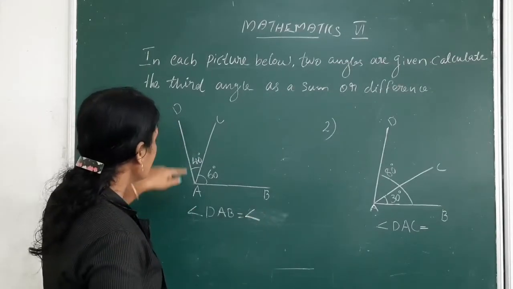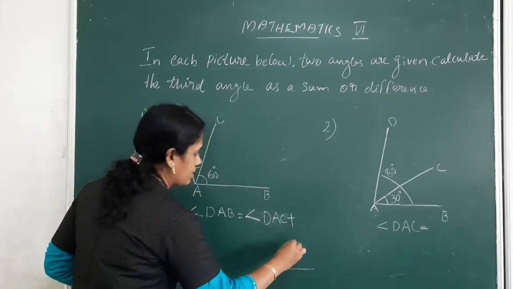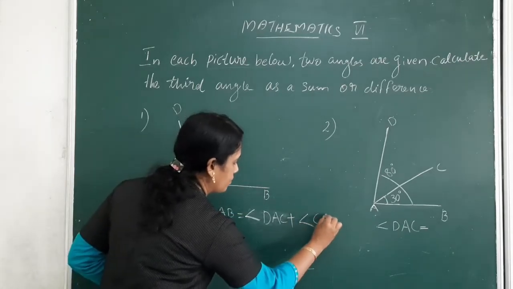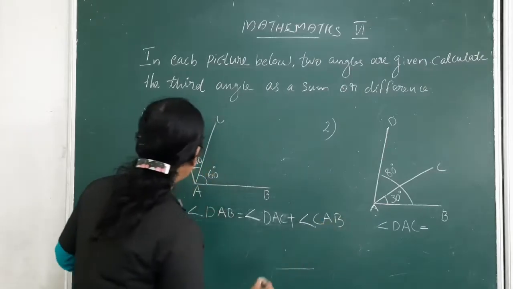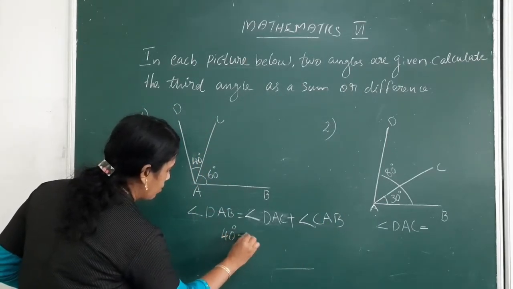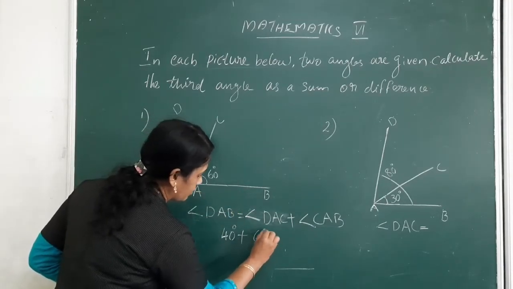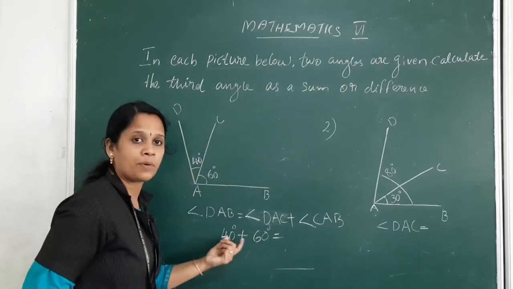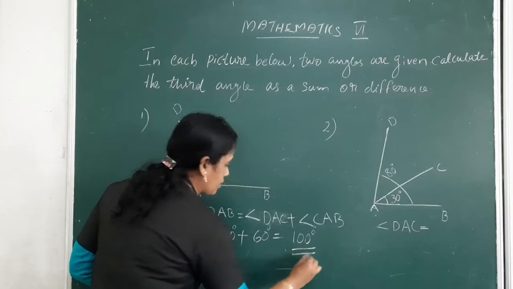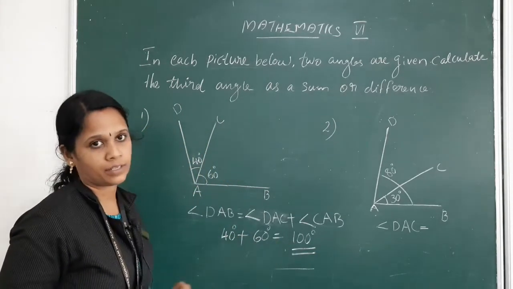Angle DAC plus angle CAB. So DAC 40 degree plus angle CAB 60 degree. So 40 plus 60, 100 degree. So angle DAB 100 degree.